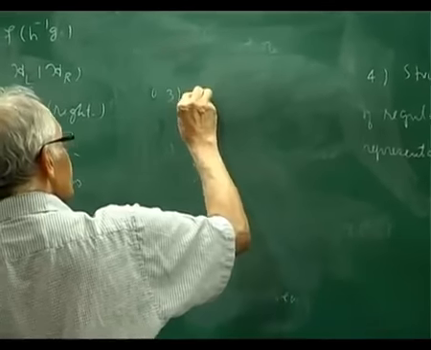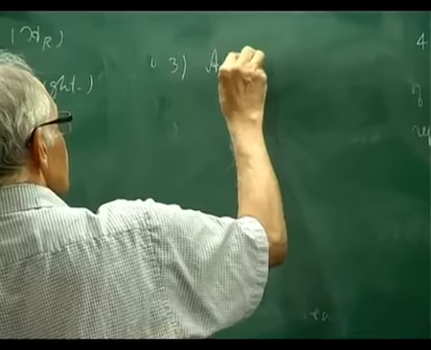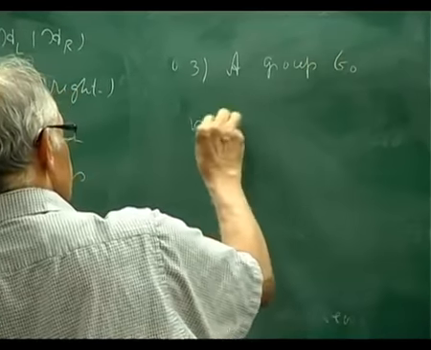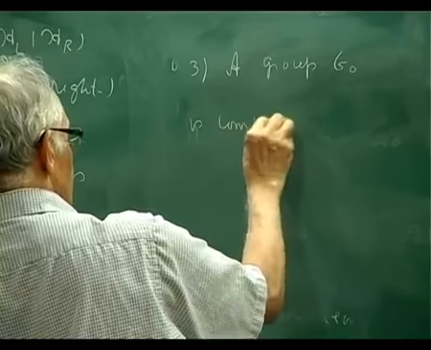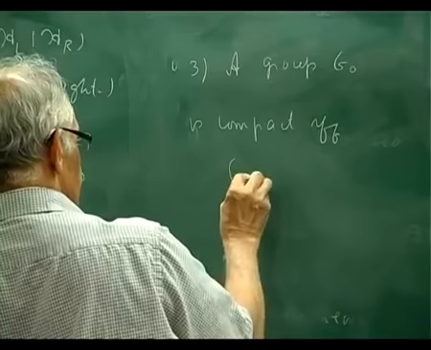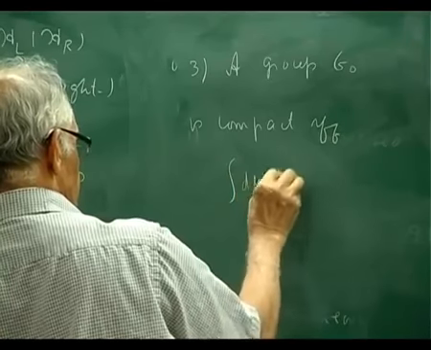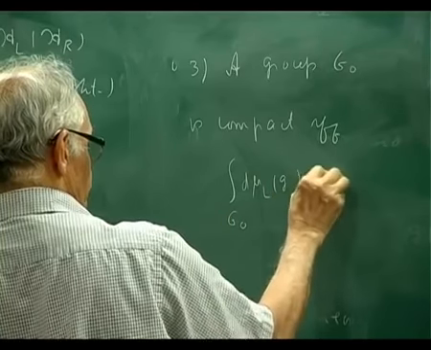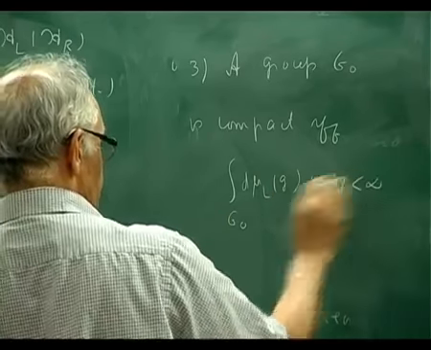Because a group G_0 is compact if and only if, say, the integral of d mu_L of G over G_0, which I will call V, is less than infinity.